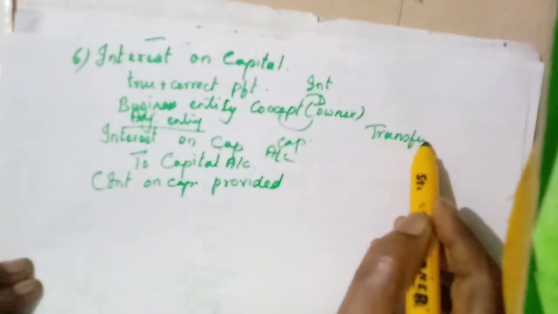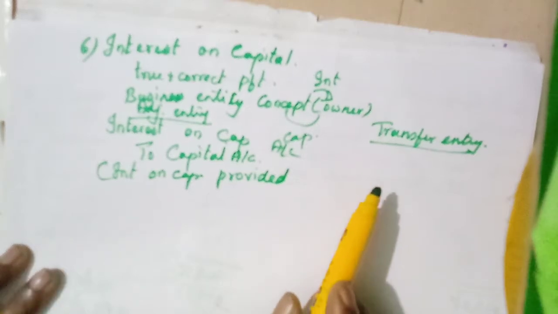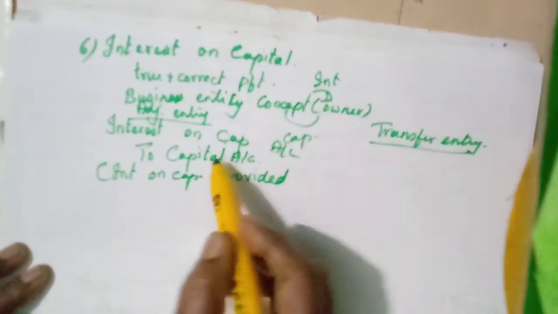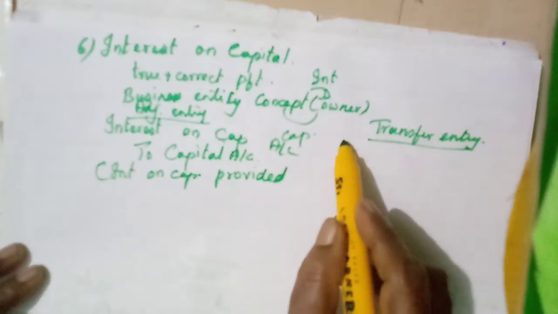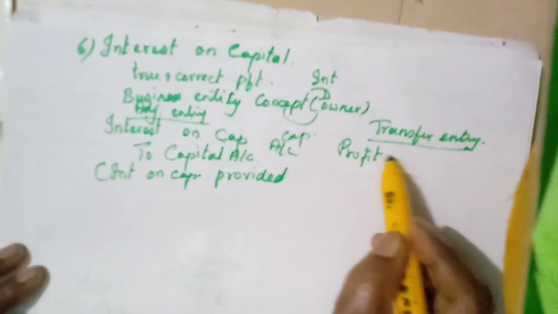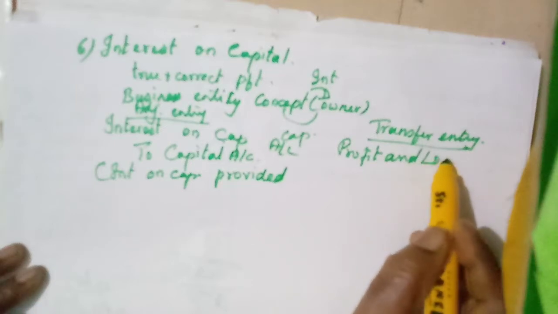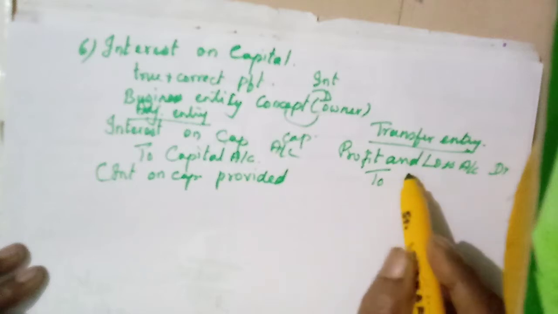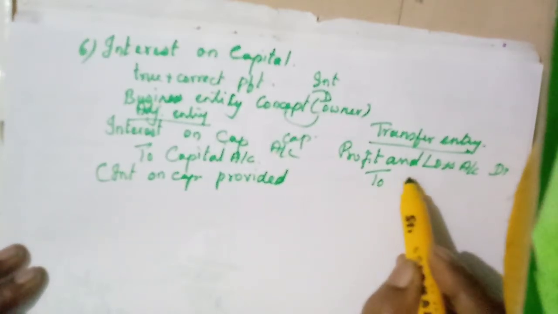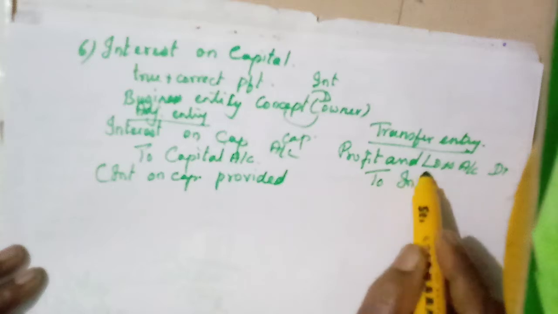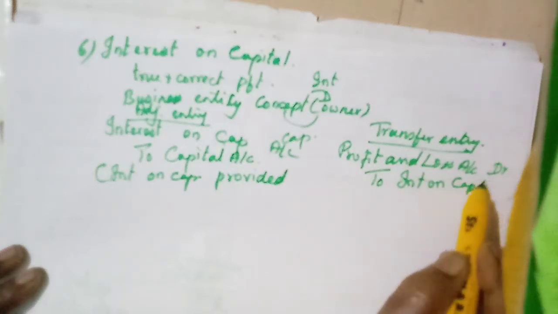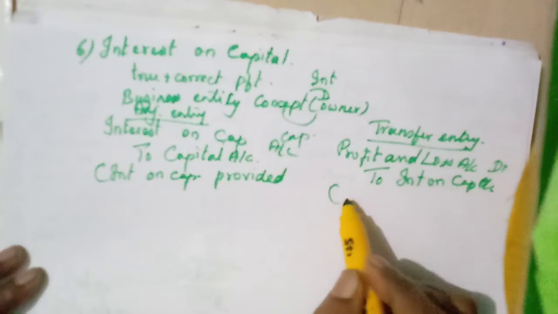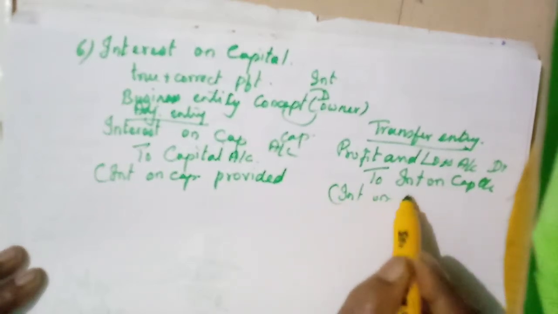Till now we have not learned any transfer entry because we need to transfer this interest on capital to the profit and loss account. So we need to credit this expense and we should debit the profit and loss account. Profit and loss account debtor to this interest on capital account. Then interest on capital transferred.